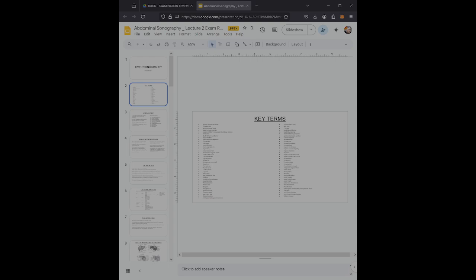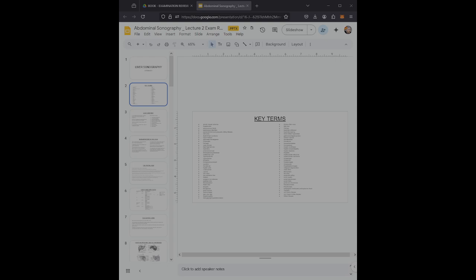Budd-Chiari syndrome, this is a syndrome described as the occlusion of the hepatic veins, and there's possible coexisting occlusion of the inferior vena cava. Caput medusae, this is a recognizable dilation of the superficial veins of the abdomen.